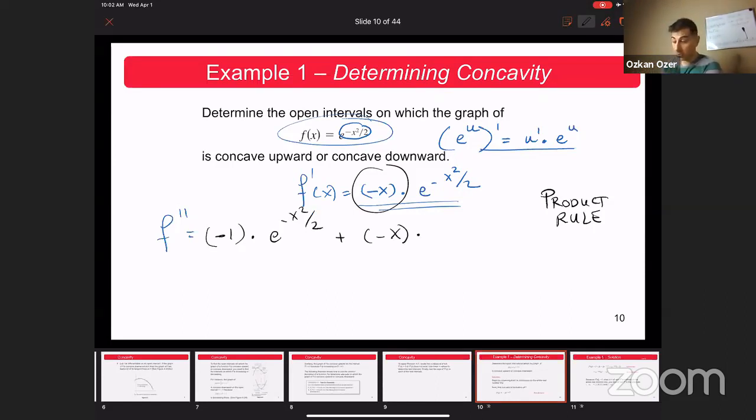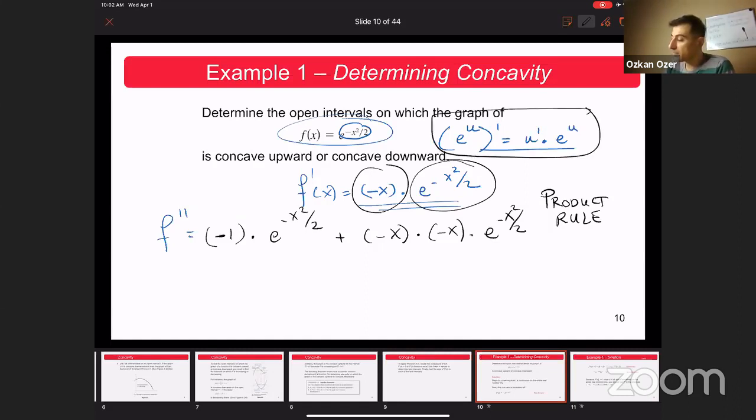But I just took the derivative of that function, e to the minus x squared over 2, and I got minus x times e to the minus x squared over 2. So the derivative was already found by using this formula in the previous step. Now all I need to do is simplify.